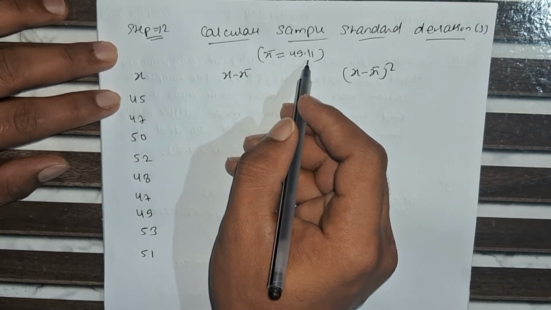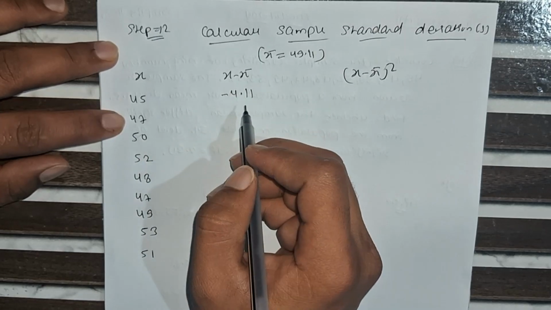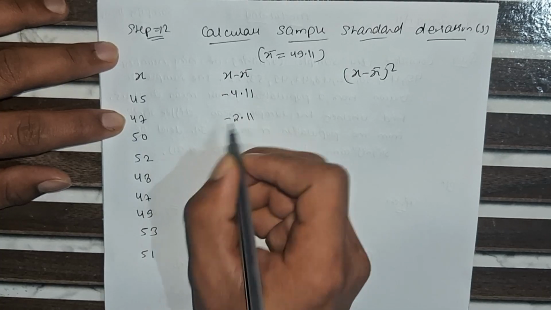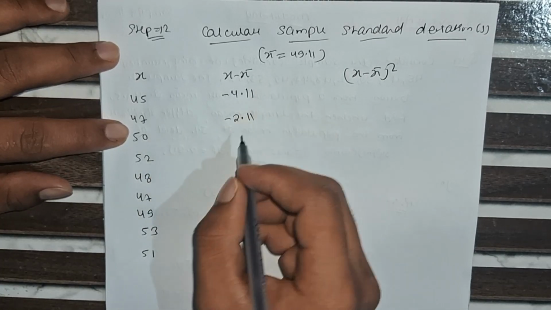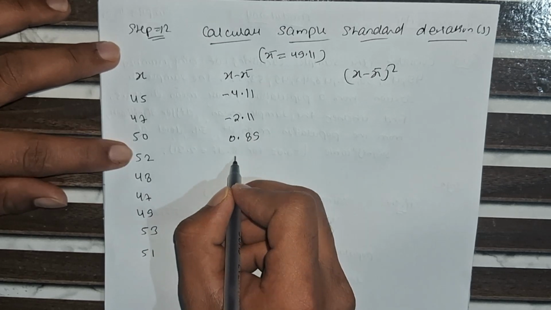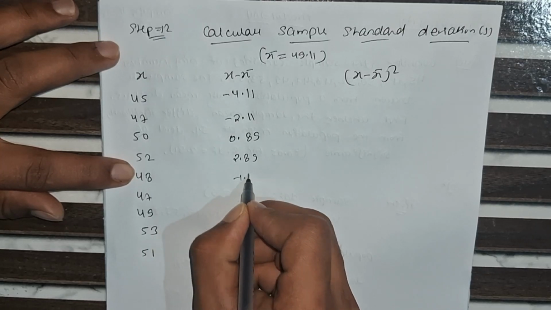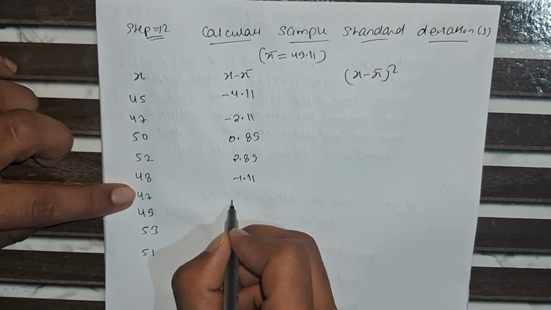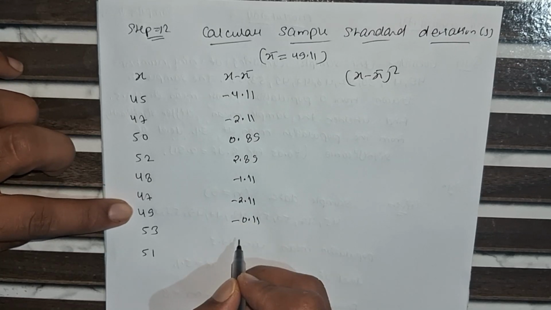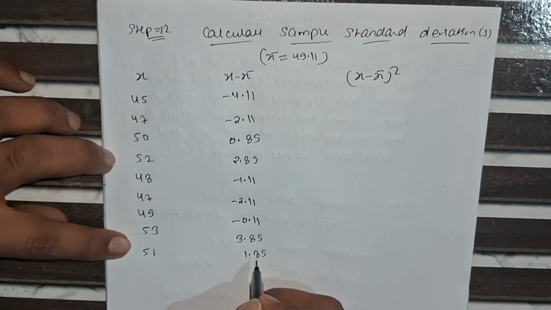45 minus 49.11 becomes minus 4.11, and 47 minus 49.11 becomes minus 2.11. Like that we have to subtract each value from the mean. So this is 0.89, this becomes 2.89, this becomes minus 1.11, this becomes minus 2.11, this becomes minus 0.11, this is 3.89, and this is 1.89.